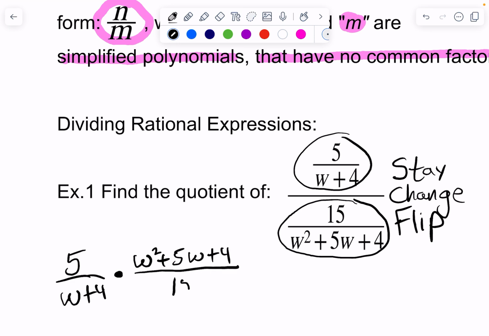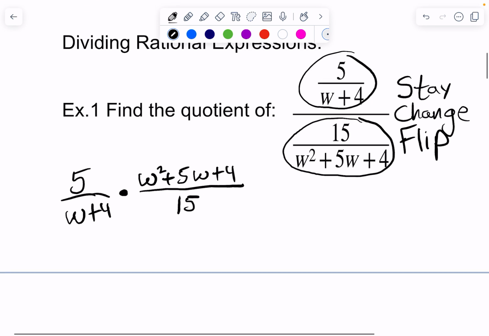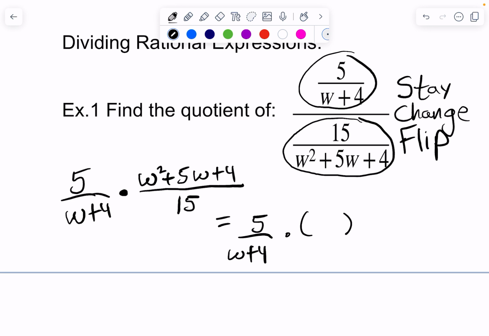Once you've got that under wraps, the second step is always to simplify. So I've got 5 over w plus 4 times, and I can factor w squared plus 5w plus 4. How? What times what is 4, but when added together is 5? The answer is 4 and 1.